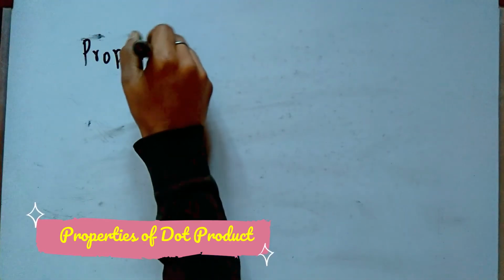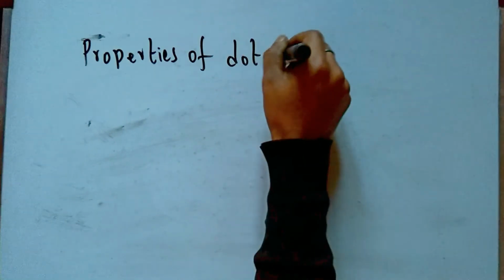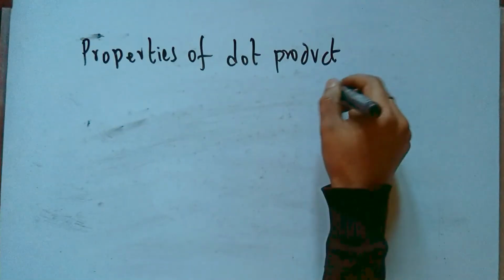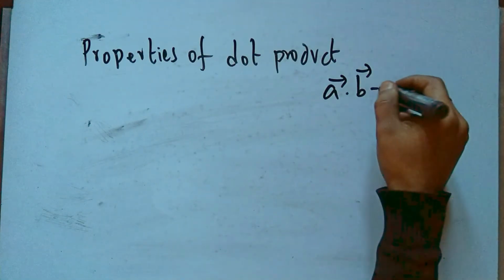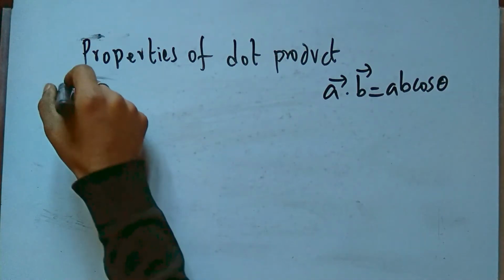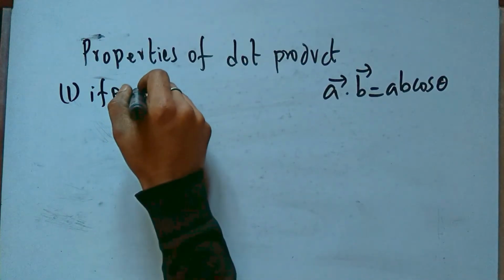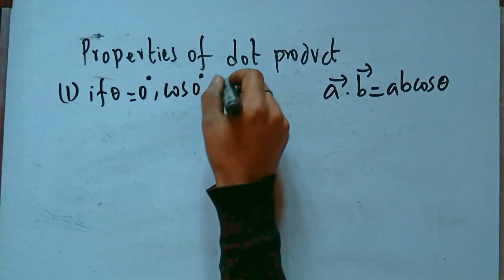What are the properties of dot product? We know vector A dot product with vector B is equal to AB cos theta. 1. If theta is equal to 0 degree, then cos 0 is equal to 1.